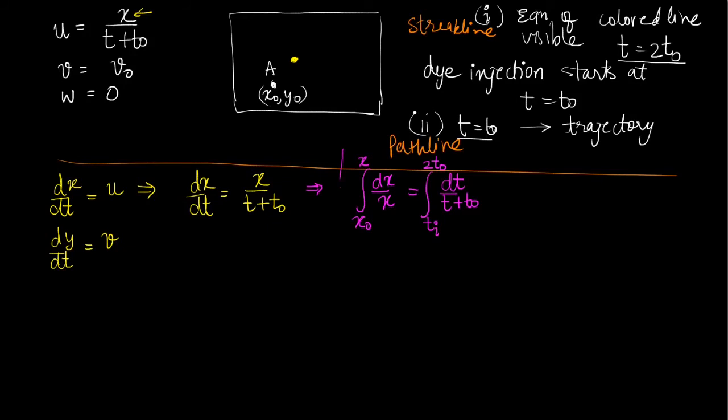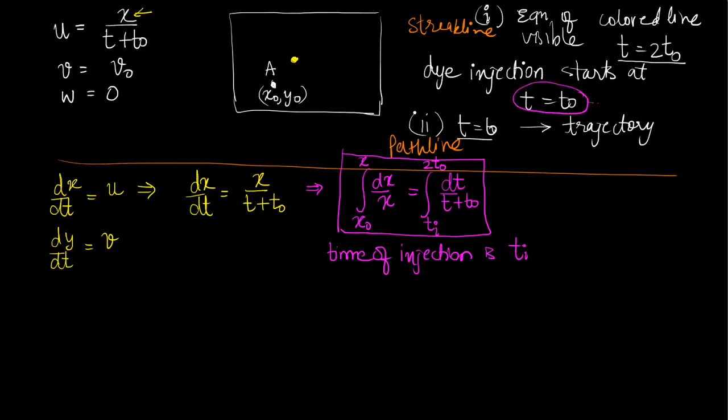What this statement means is that the time of injection is Ti. I do not know what Ti is. Ti can vary smoothly from t equal to t naught to t equal to 2 t naught. So I will keep it as a parameter.